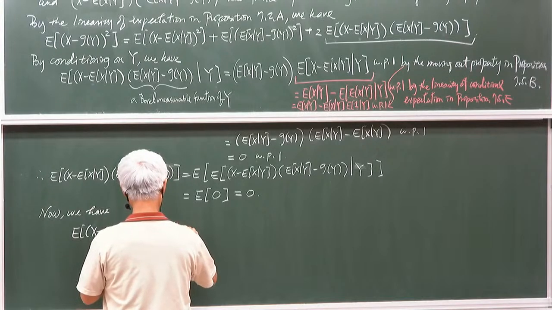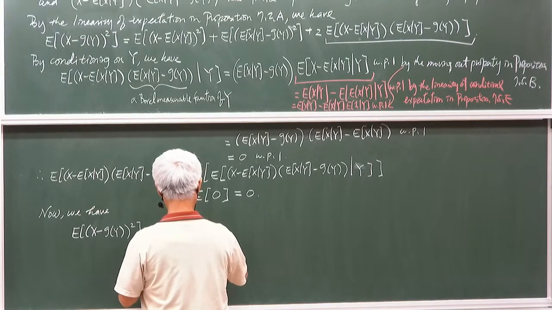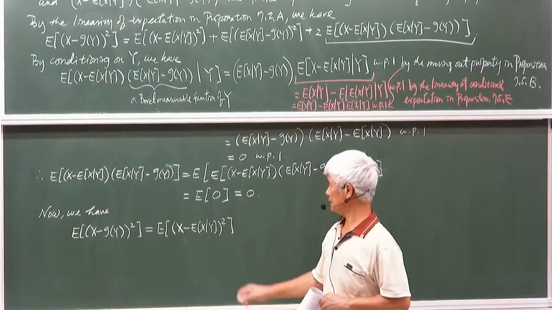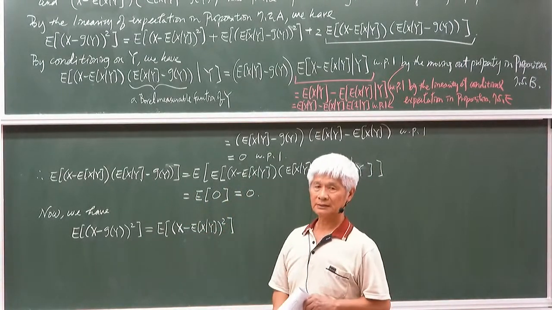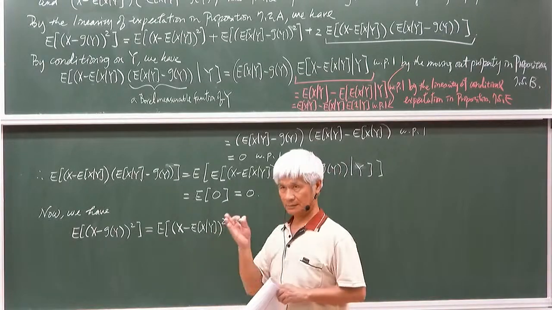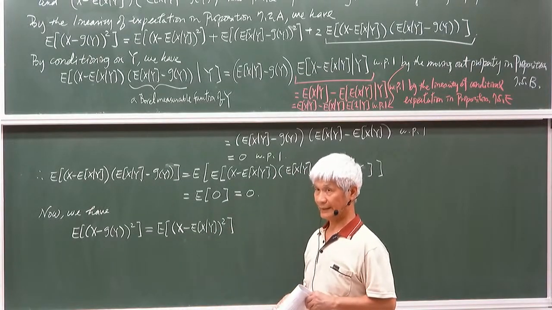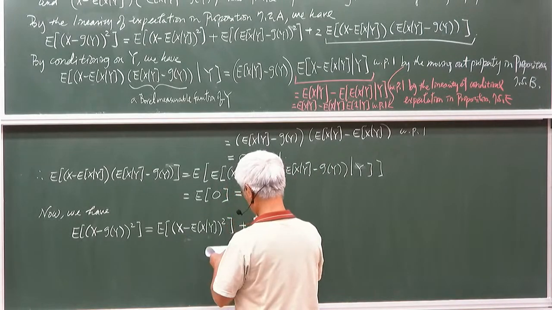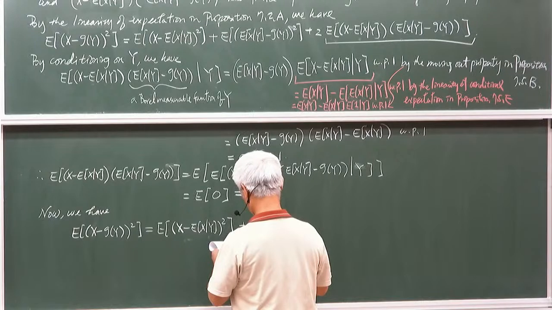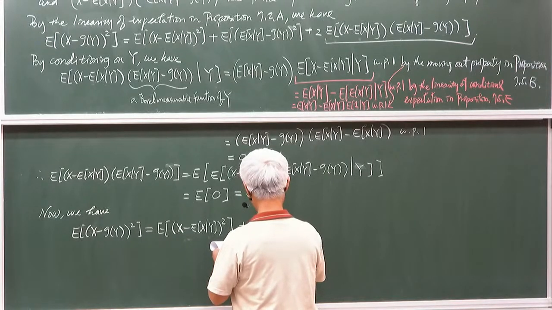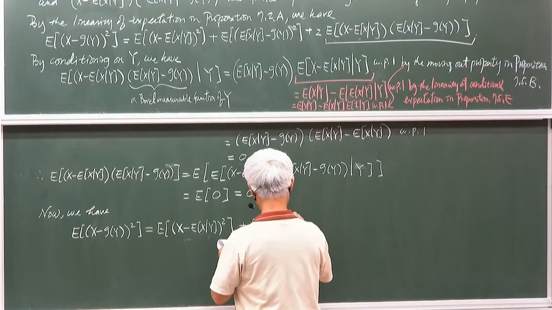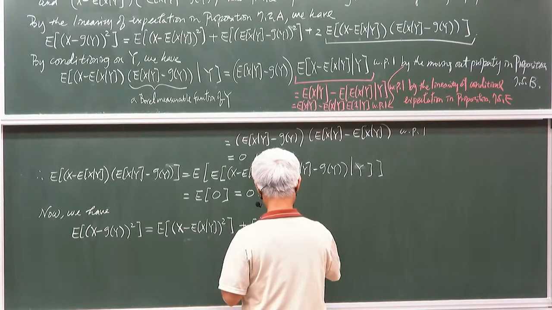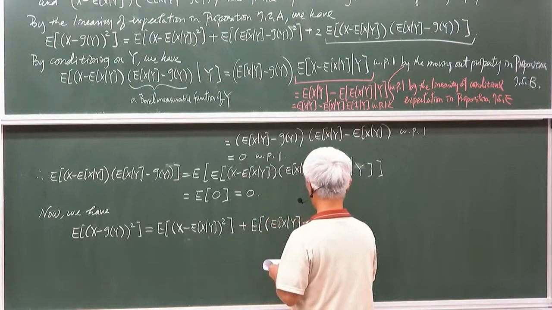One is the mean square error by using the conditional expectation of x given y as a data processing function of y, and also the second moment of the difference between the conditional expectation of x given y and g of y.